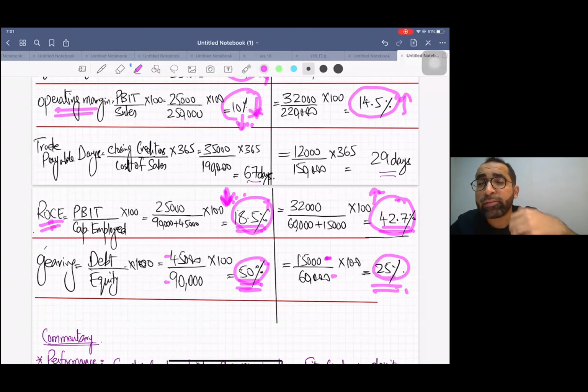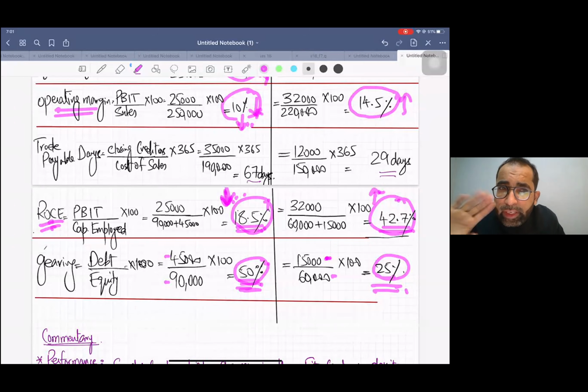Now what does high gearing show? High gearing means high financial risk. You have to write this in the question. So that means the financial risk of Fit company is higher than the financial risk of Sporty company. Why is the financial risk higher?